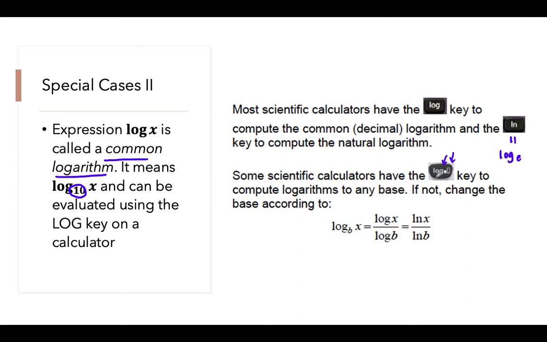You're lucky because you can put any base to the logarithm, so you don't have to do this step. But if you don't have this key, you would have to change it into common logarithm. So again, log x over log b, and if it's a natural logarithm, you can just change log into ln, and you will still get the same answer.